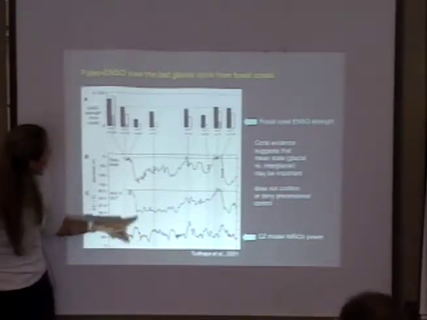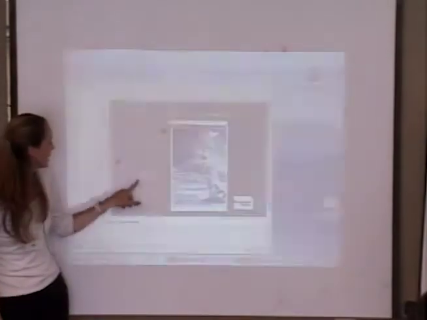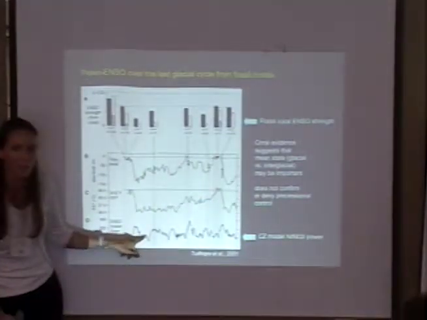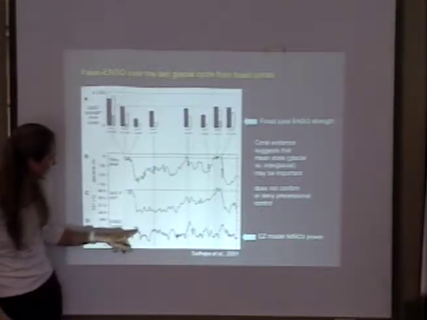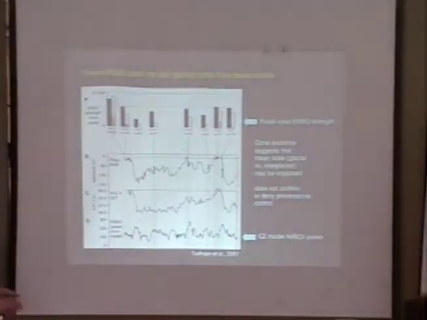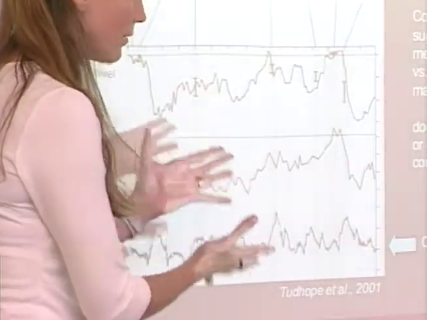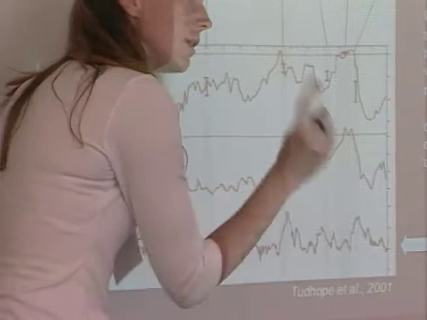So here, I guess, where's the LGM? Yeah, I cut the time axis off, but it's right here. So there's a peak here, a weak peak. At that point at all, I see it to the left of that. This one. Yes. You start coming out of the glacial. That looks like LGM to me. Yeah, they don't have a framework for how to interpret how the LGM might affect these results, and we'll come back to that.